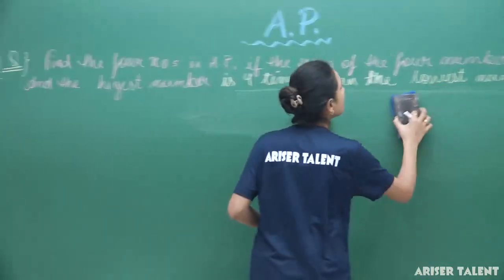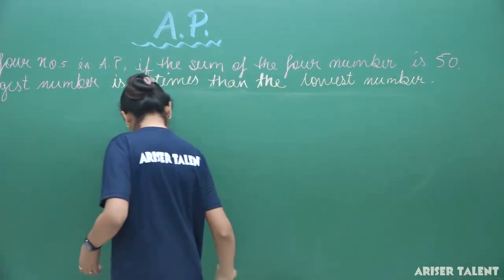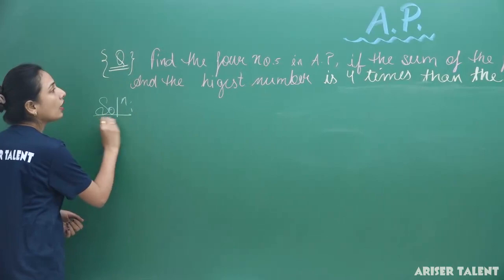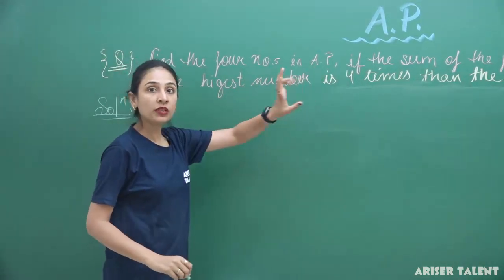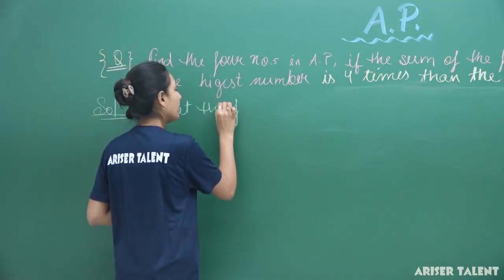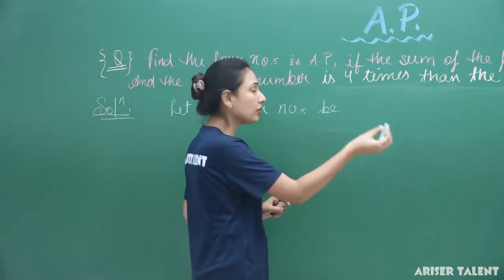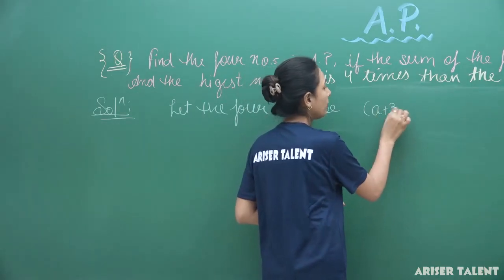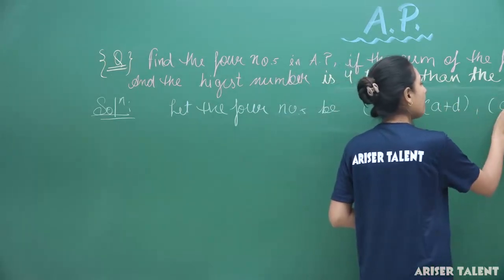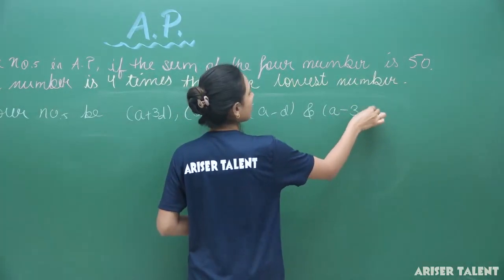Now with the concept, I've told you we have to use two concepts here, right? The first one is, look what the question is saying: find the four numbers in AP. Four numbers are in AP. So let the four numbers, step by step we are doing, be a plus 3d, a plus d, a minus d and a minus 3d.